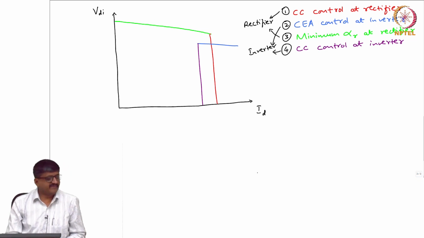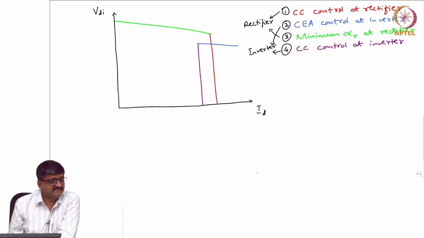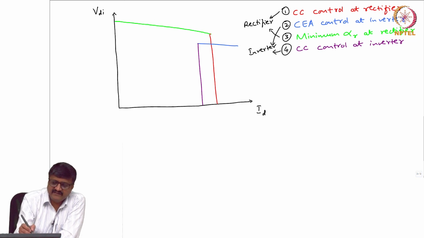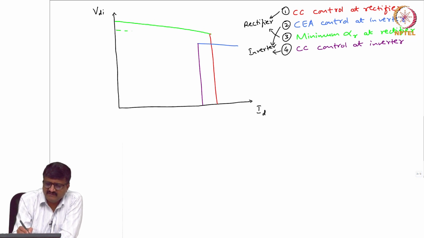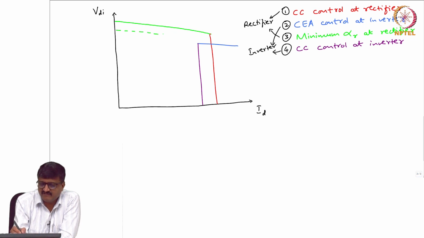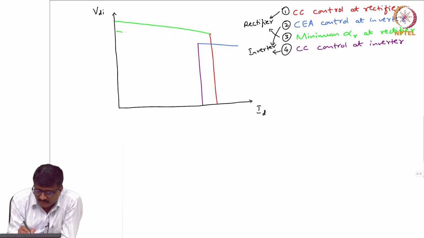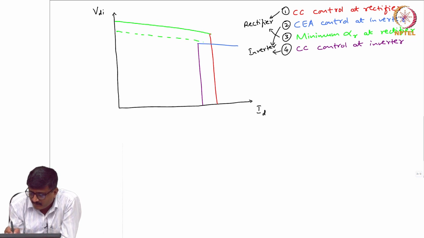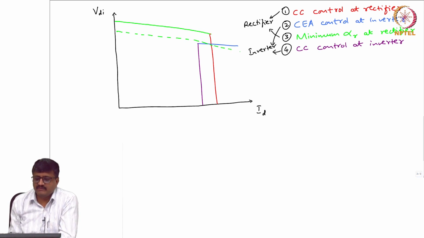Now, there can be a problem of reduced voltage on the AC system of the rectifier side, then the green curve can shift down. The shifted green curve I will show as a dashed curve. So, I have shown the intersection of the new green and blue.